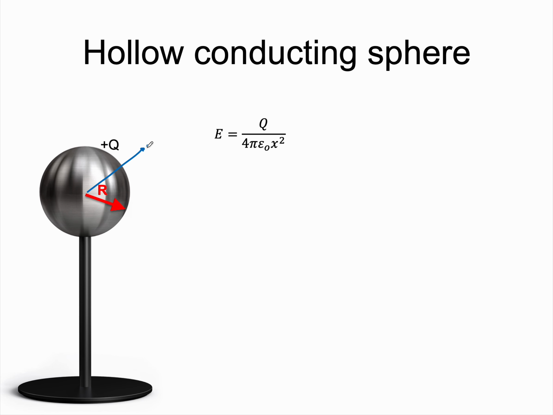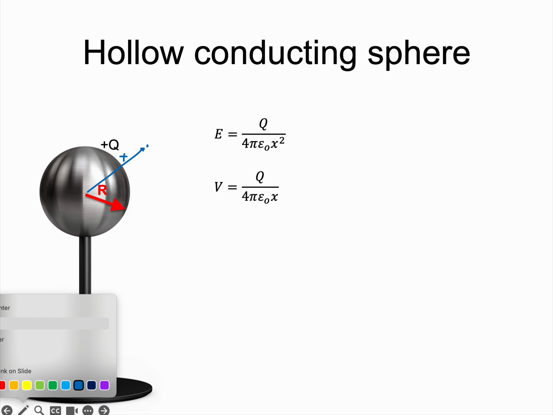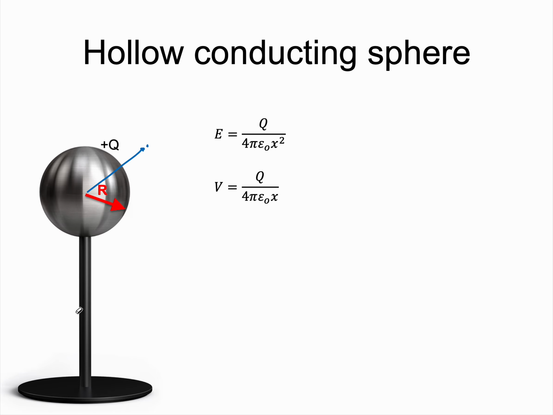So the electric field at some distance x would be given by that. Remember, you could integrate this with respect to distance, and I won't do the integral this time. You could then figure out the potential at that point, and the potential at any point outside of this thing would simply be given by Q over 4 pi epsilon naught x.